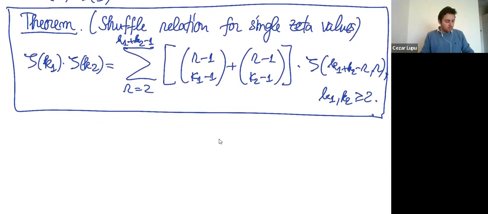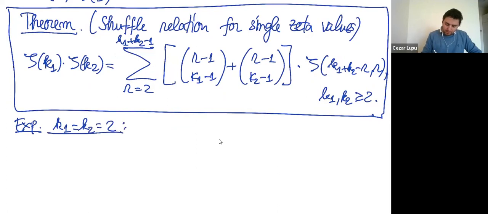So let's do an example. Let's confirm our expectations with the example that we have already dealt with last time. So let's see when k1 equals k2 equals 2. So again, we have two single zeta values, zeta of 2 times zeta of 2. And now let's be careful here. So we will have what?